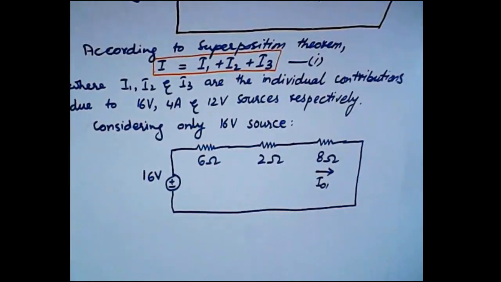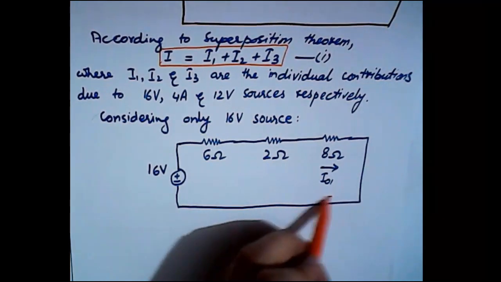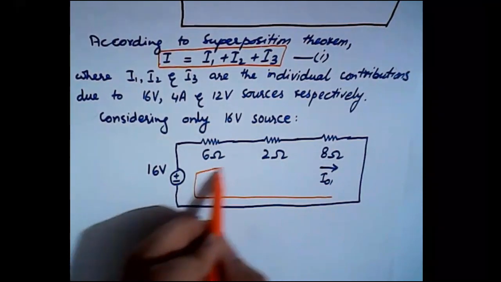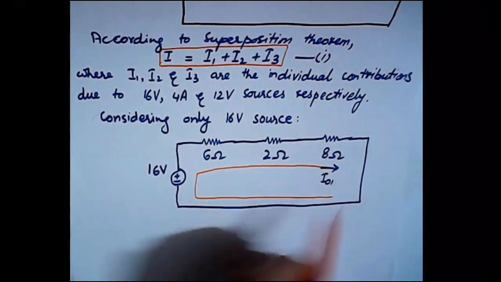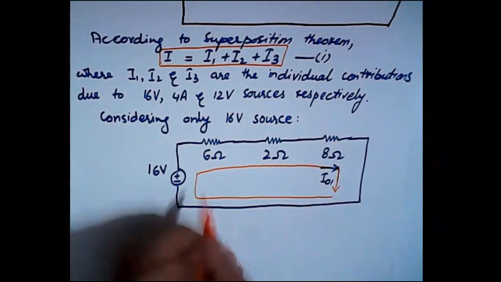Now the easiest way to find this current I naught 1 is by which method? Let's think of the different methods that we have discussed, and the easiest way is to find it via mesh analysis, right? This is our mesh.